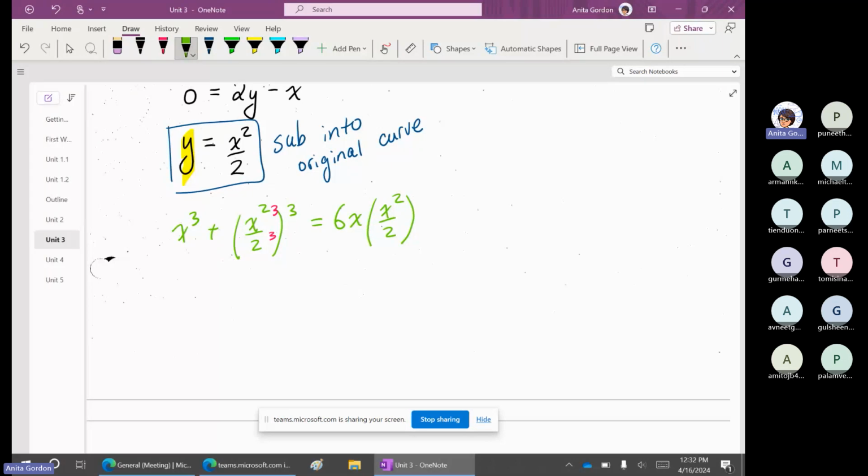So I have to actually multiply everything by 8. Okay, so this will be 8x cubed plus 2 times 3 is x to the 6 equals, if I multiply this by 8, this makes it 4. So this is 24 x cubed.